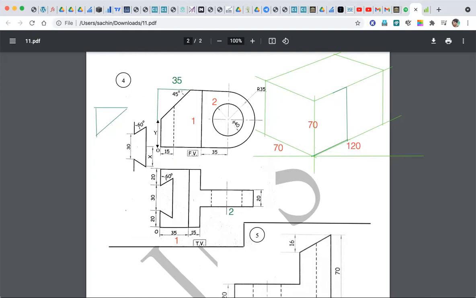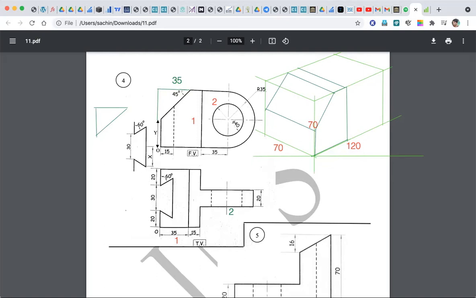And then I will draw a vertical line, so that distance would be automatically 35. So I'll mark 35 over here and I will join. I will draw part 1. And whatever is there in the front in part 1, the same thing is behind. So according to that logic, it will be this way. Got it? It will come like this.